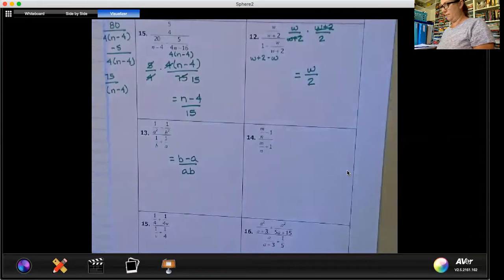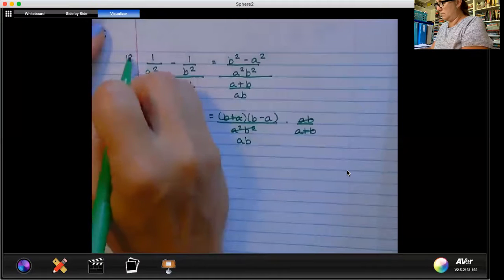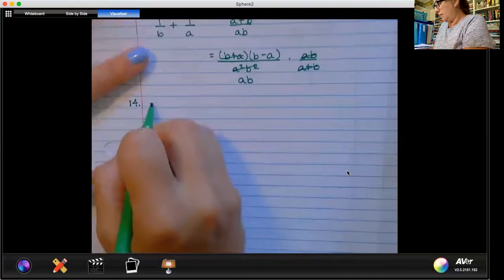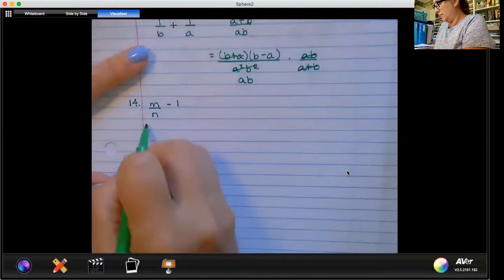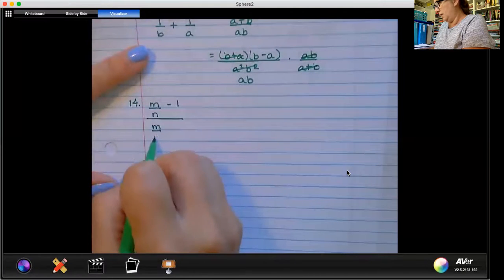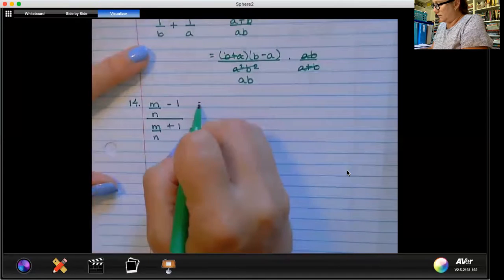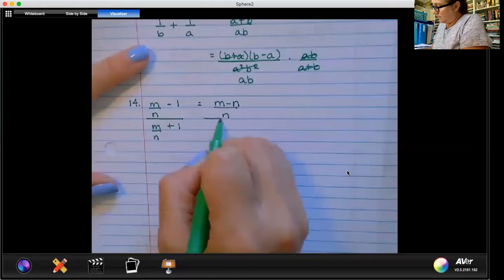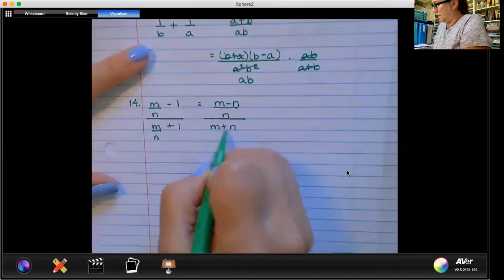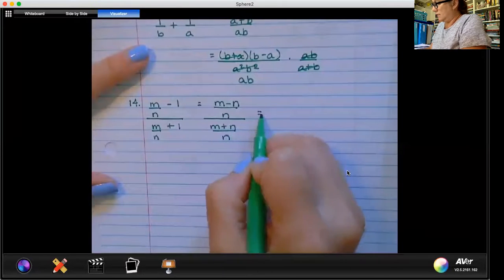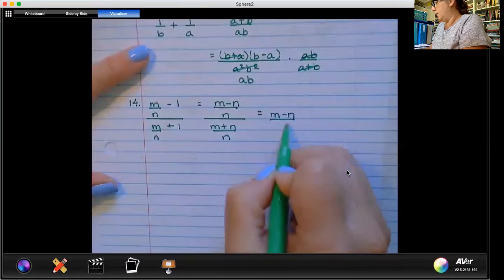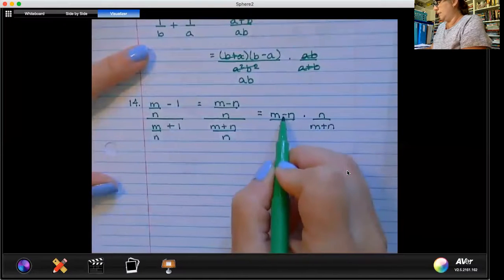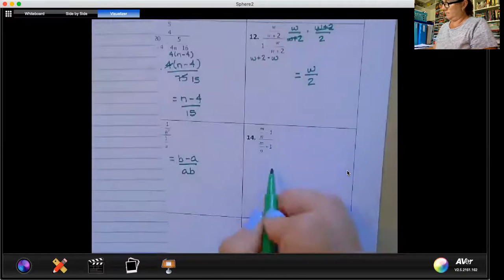And I'm going to use my paper again for number 14. So I have m over n minus 1 and m over n plus 1. So that's m minus n over m plus n over n, which is m minus n over n times n over m plus n, which is m minus n over m plus n.